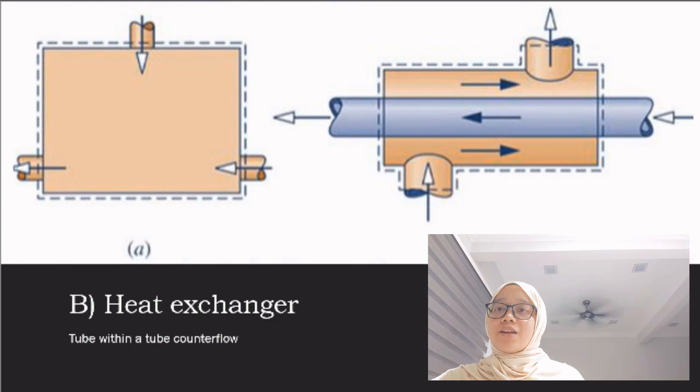Whereas it's a little bit different for a heat exchanger. It is also a steady flow engineering device, but two moving fluid streams exchange heat without mixing. So to visualize that, heat exchangers normally consist of two concentric pipes with different diameters.